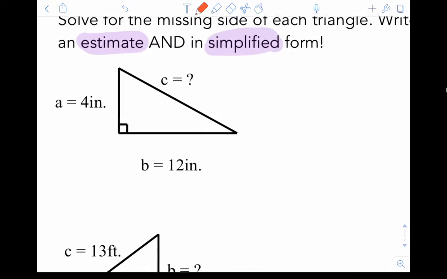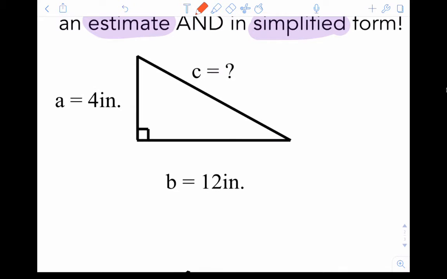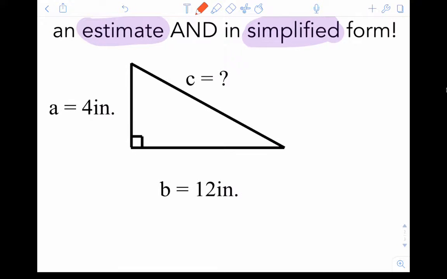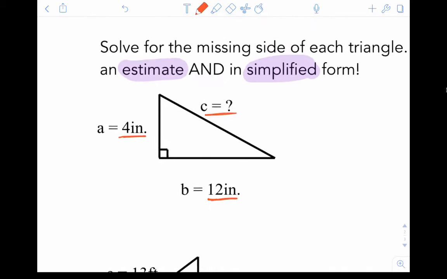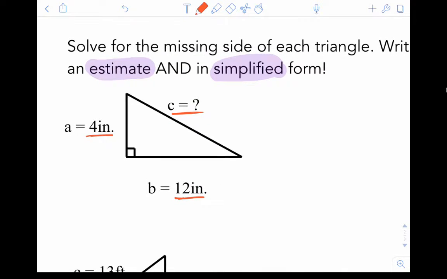So looking at this first triangle, I have two sides that I know. I know that A is 4 and B is 12, but I don't know what C is. So what I'm going to do is write my Pythagorean theorem, A squared plus B squared equals C squared.